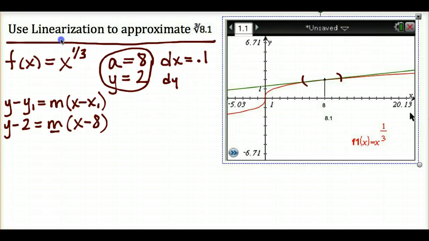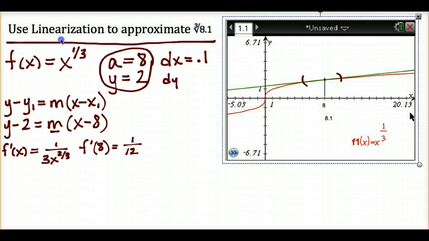Our slope is just found by taking our derivative. The derivative of our function is 1 over 3x to the 2/3. Now you can stop the video real quick and double check, make sure you understand where that came from. And now we're going to plug in our x value, which was 8. And that value is going to be 1/12.